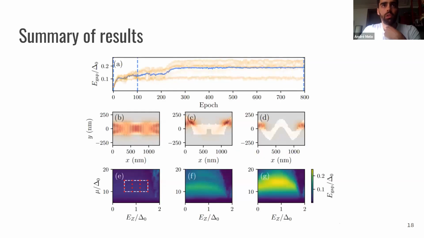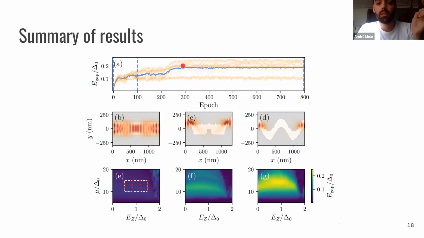So finally, I want to just show a big plot that summarizes the results of this optimization. Again, starting from a straight junction and letting the algorithm evolve. In the top plot here, I'm showing the gap at several points in phase space. Each orange curve corresponds to the gap at a particular value of chemical potential and magnetic field, and the blue curve corresponds to the average of the orange curves.